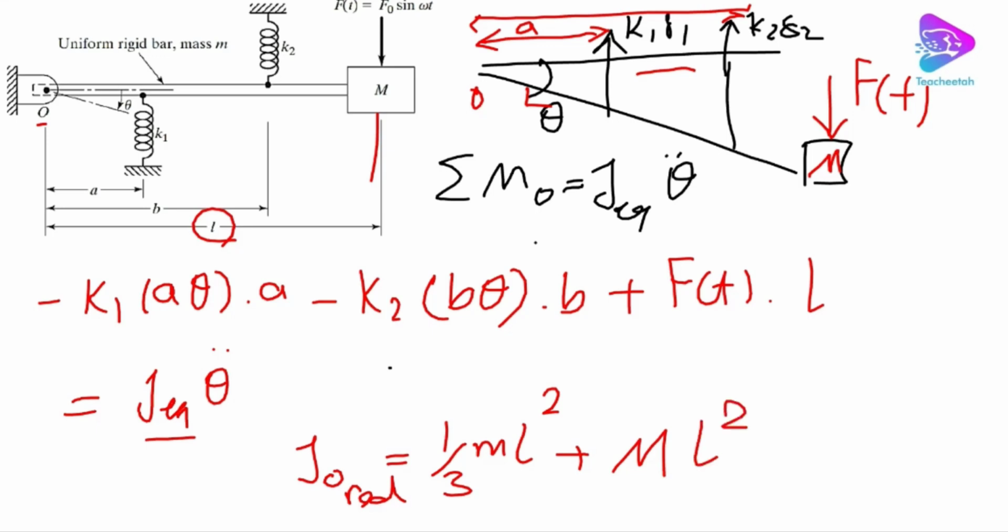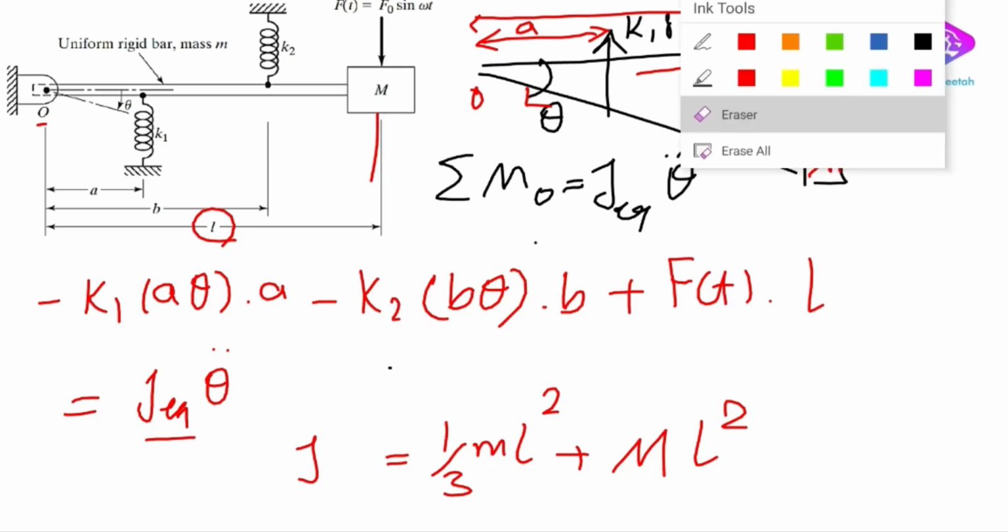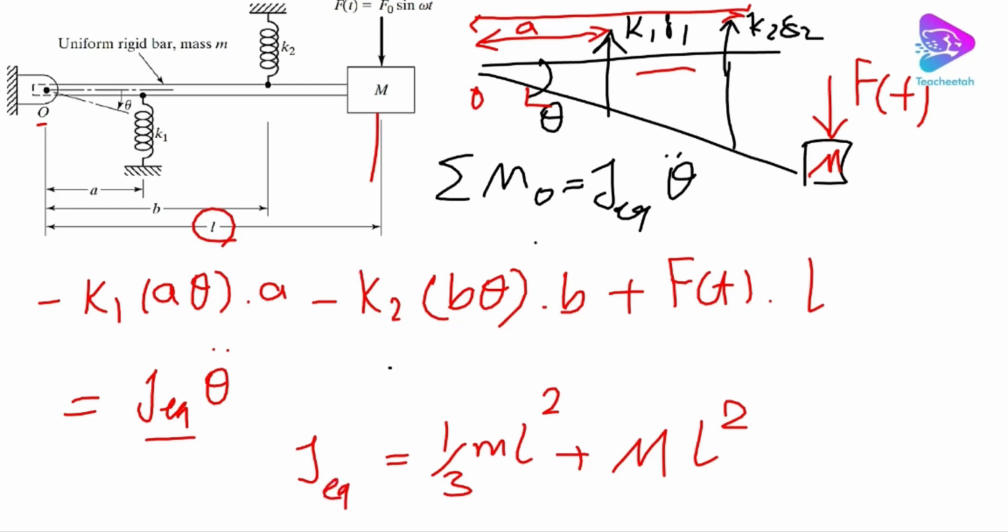This is the formula, where L is the distance and m is the mass. So this is actually the Jo. Instead of using rod here, I'm going to use J equal. How can we find this? Like I said, from the tables in the textbook we can simply find it. So we have the equivalent J or the moment.